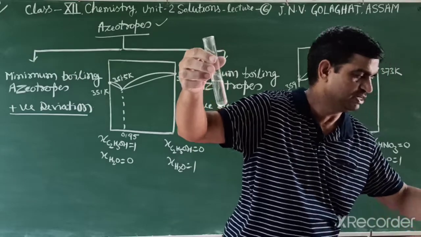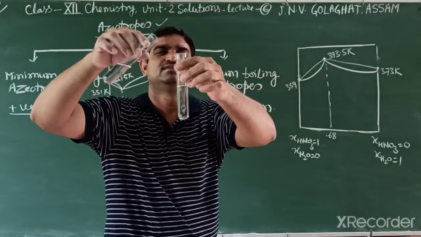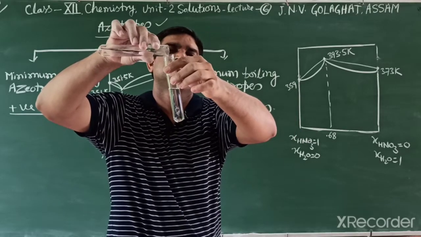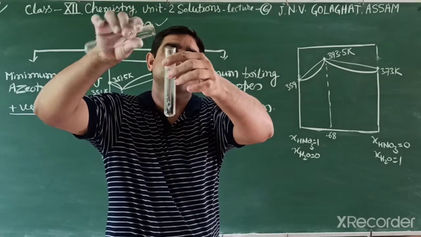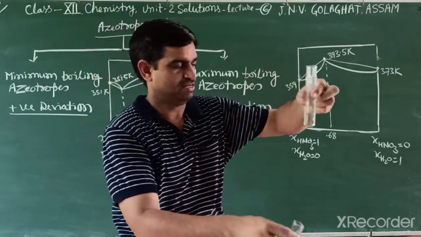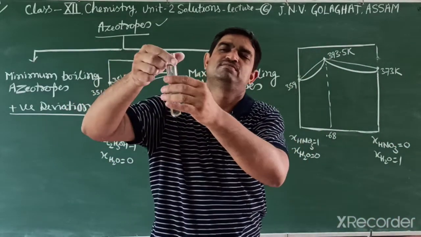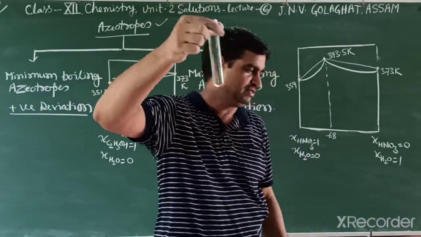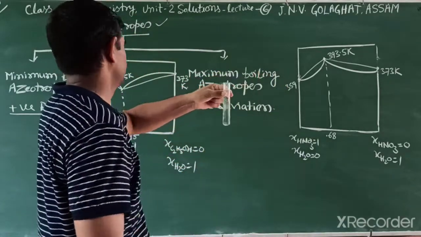If I mix 10 ml with 15 ml, you can see this is a homogeneous mixture, a clear solution. You can feel easily, that is a transparent solution, a homogeneous mixture.